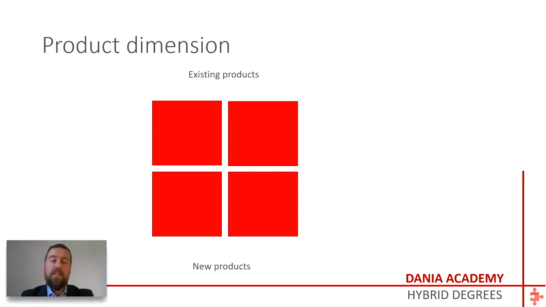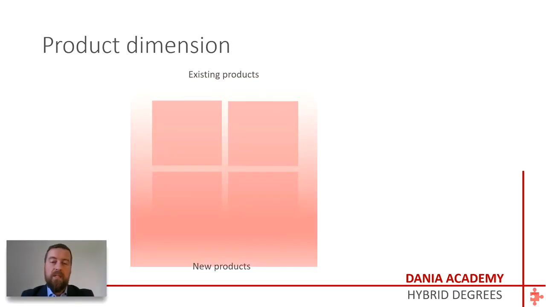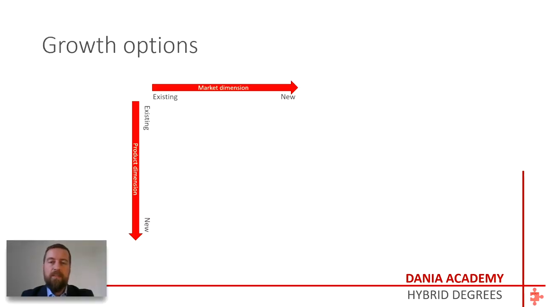Remember that in the existing products, we can also do small adaptations. So it's not an either-or, it's a continuum, as I tried to show in this graphic here. But let's pile them together, and then we get the market dimension and the product dimension.